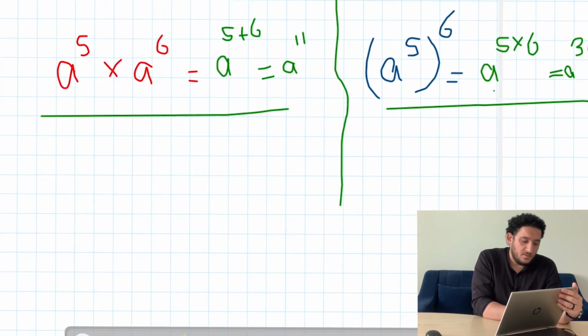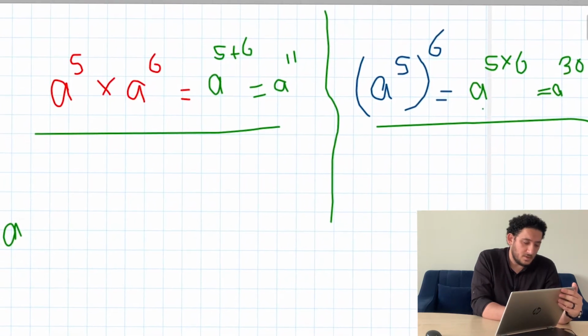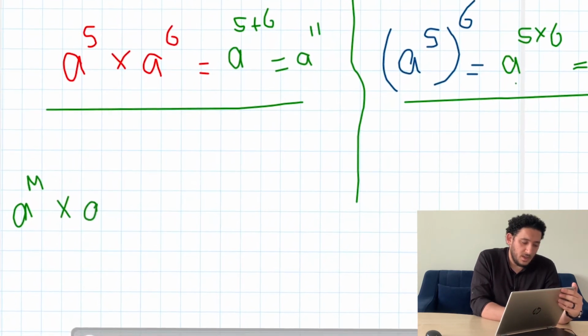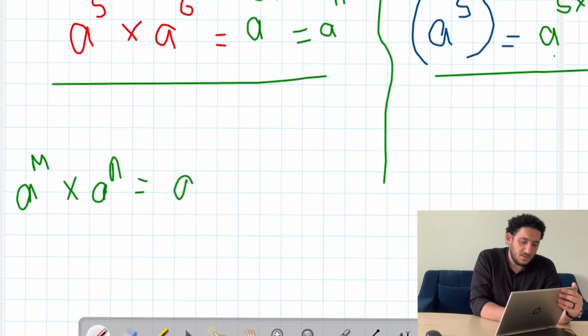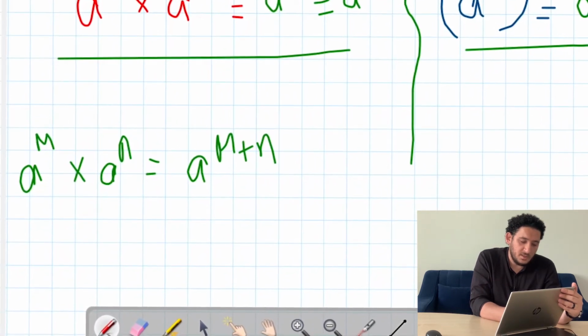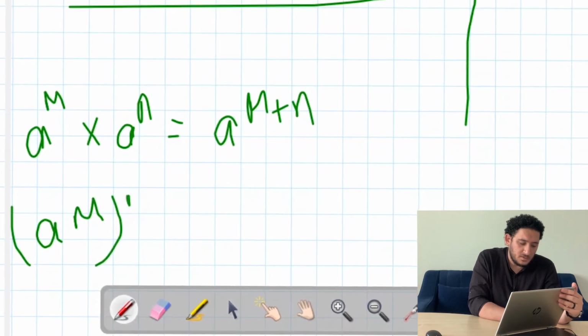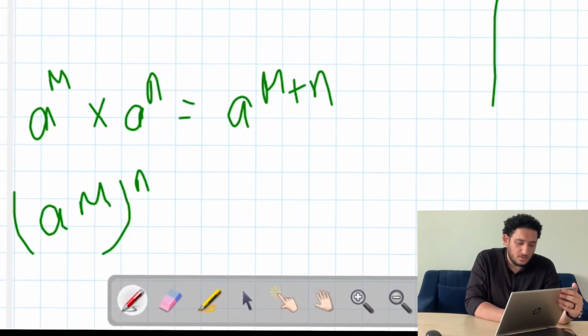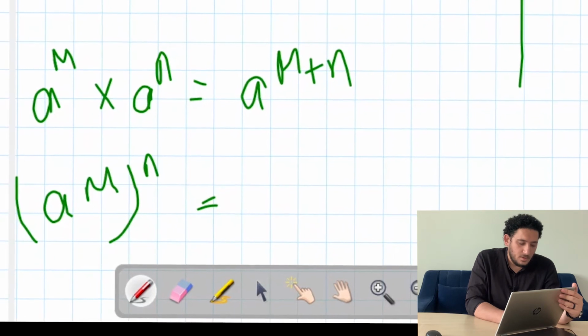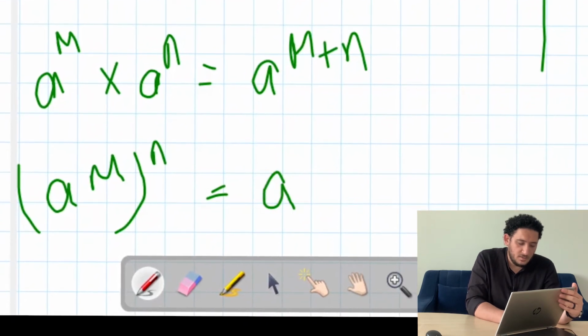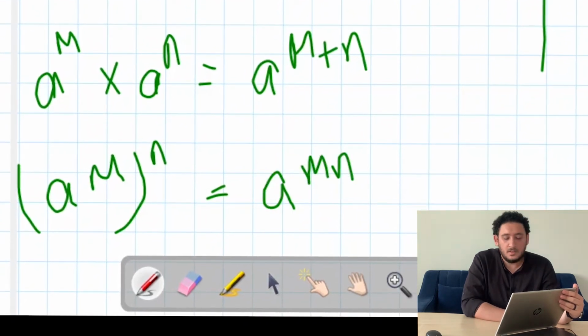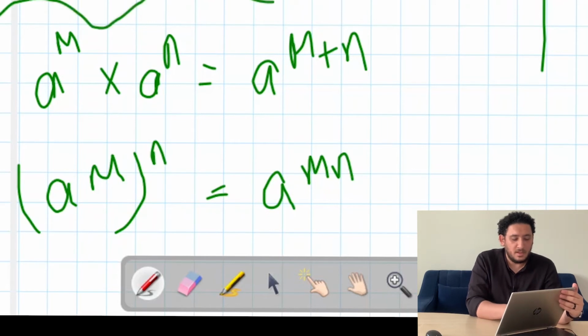Okay, you have a power m multiply a power n, means a power m plus n. And if you have a power m all power n, it means a power m n, means we will multiply them.